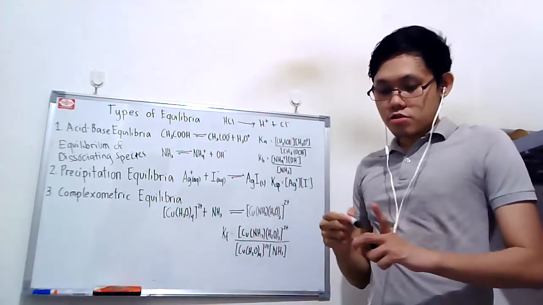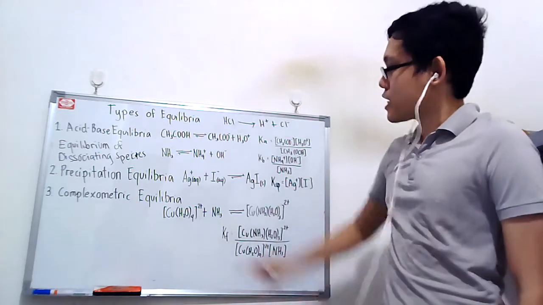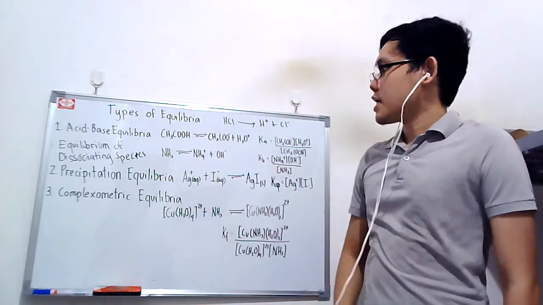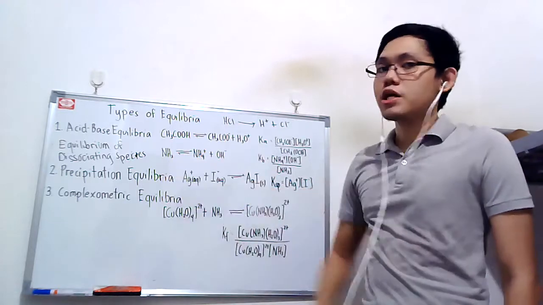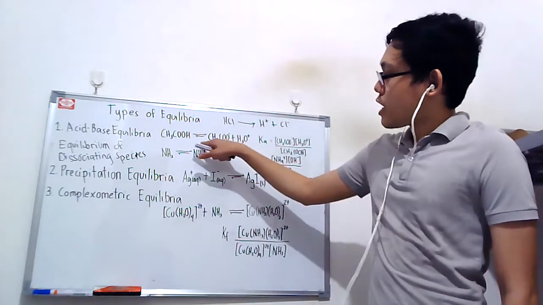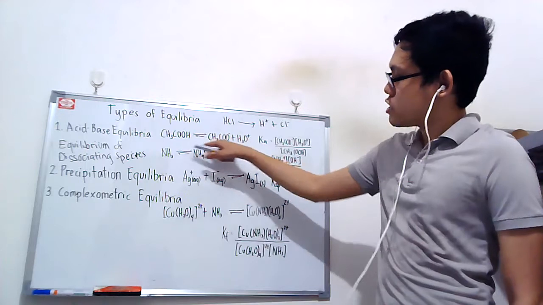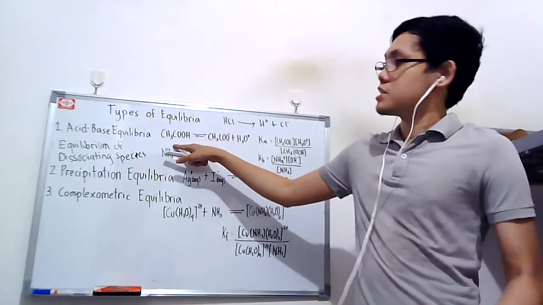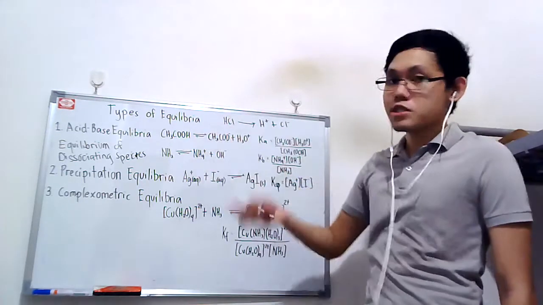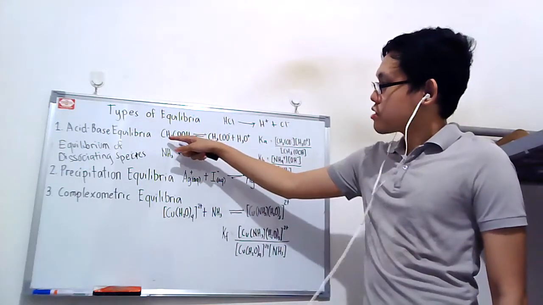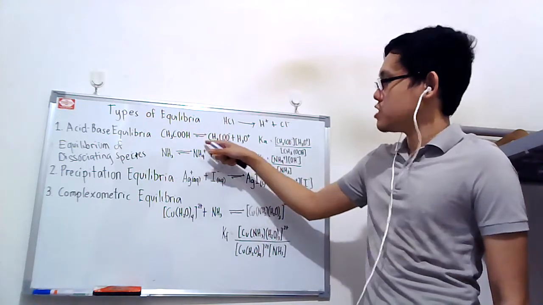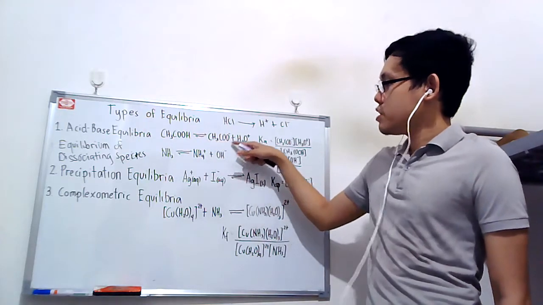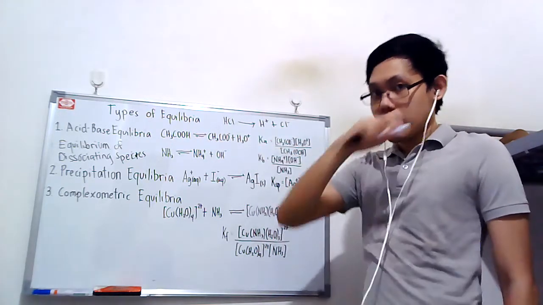But unlike strong acids, weak acids like the example here, acetic acid, and then the weak base ammonia, have an equilibrium between its dissociating species and the weak acid or weak base itself. So let's take the first example. Acetic acid dissociates into acetate ion plus hydronium ion.